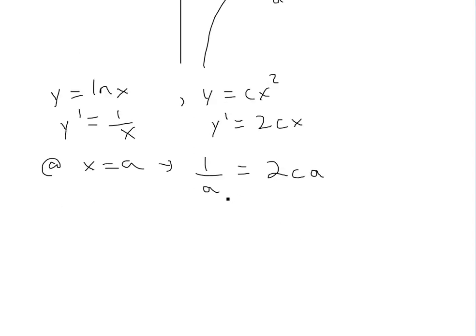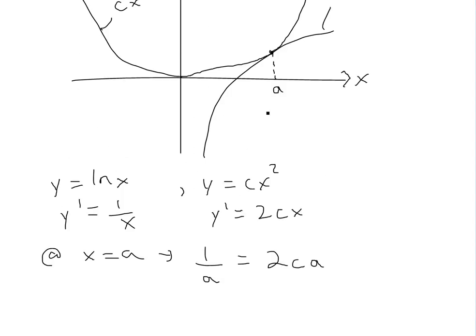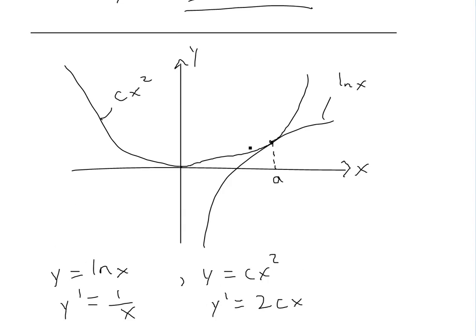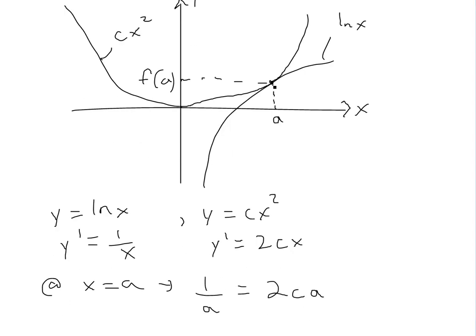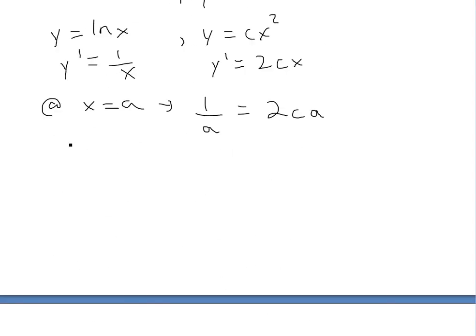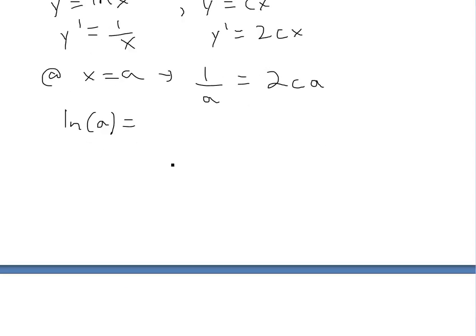And now if we look at this point of tangency, they both share the same function value. In other words, ln of a has to be equal to plugging a into this function, ca squared.